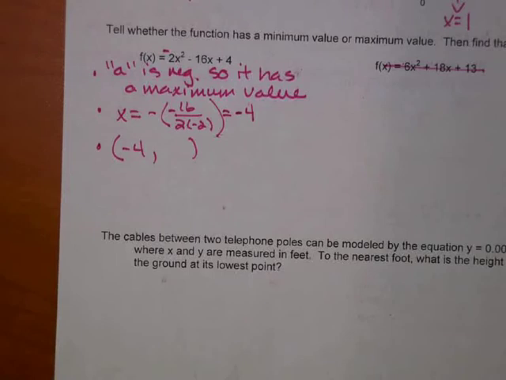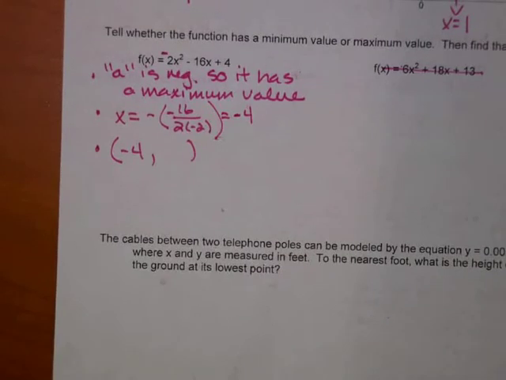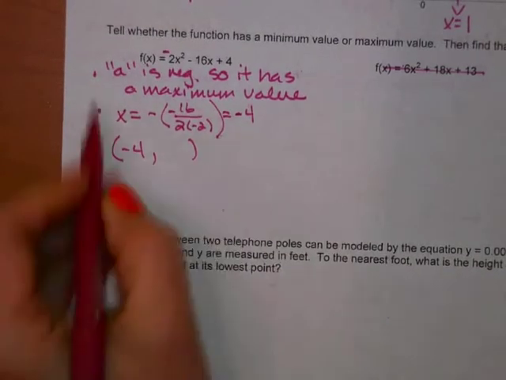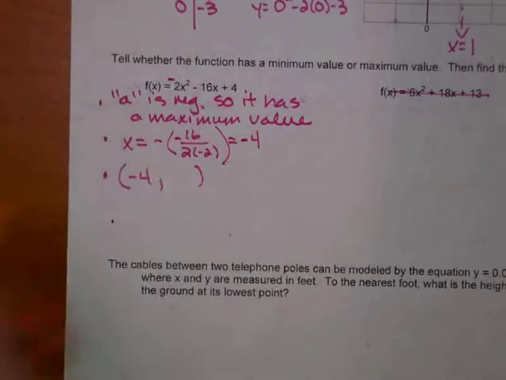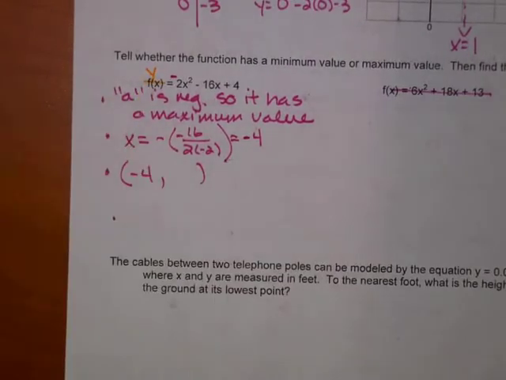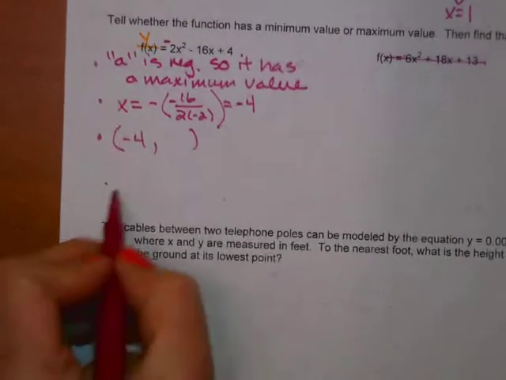In order to find the maximum, I need the y-coordinate. So I just plug negative 4 into the equation and find the y-coordinate. Isn't f of x, by the way, the same as y? Yes, f of x is the same as y. Don't forget that.